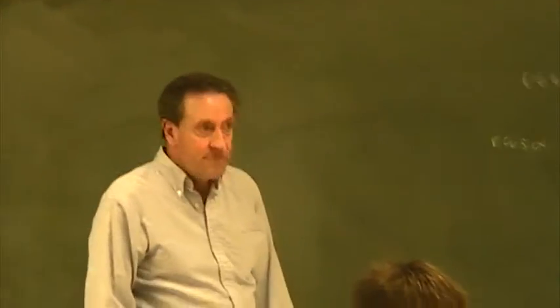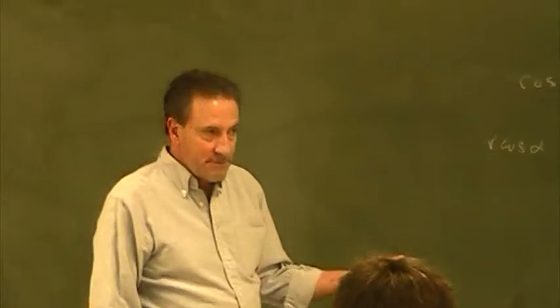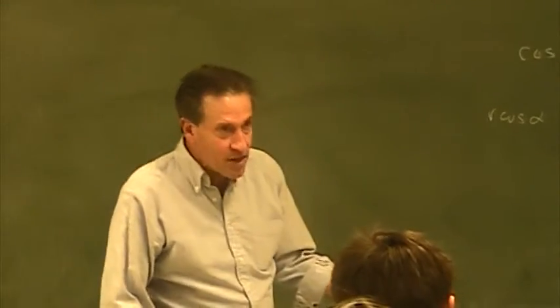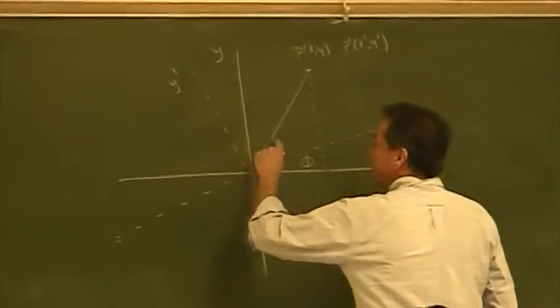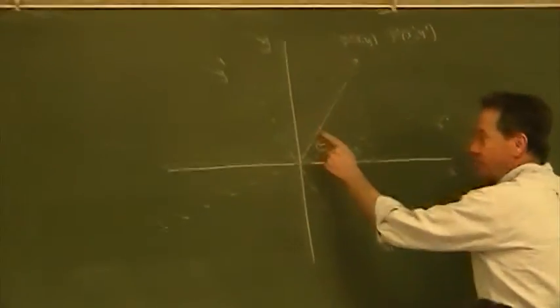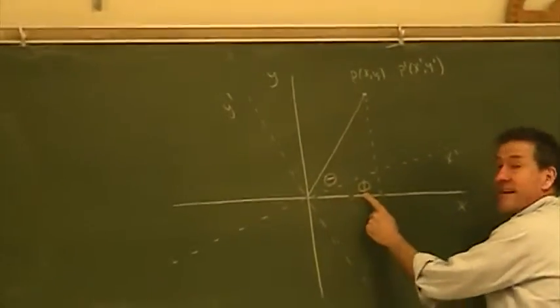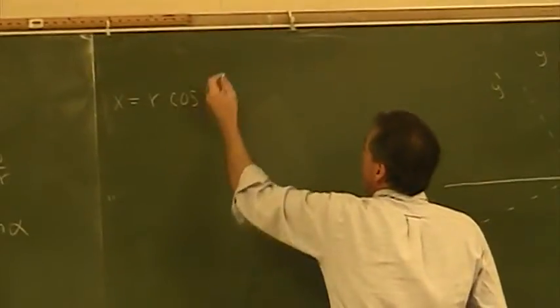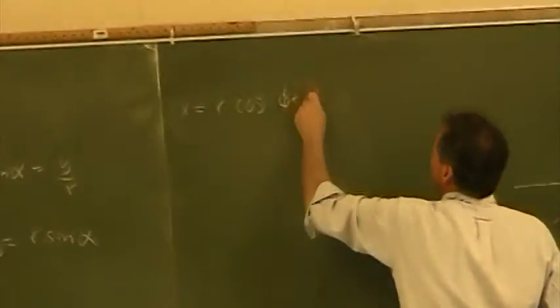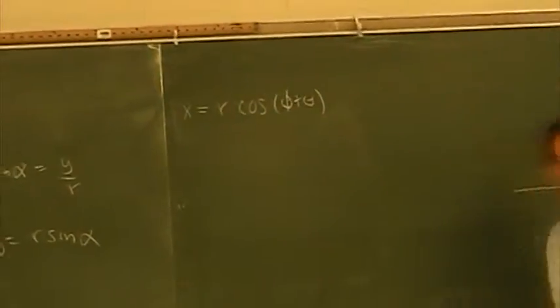Definition of sine and cosine. What is the central angle here? This central angle, what is it? Theta plus phi? Or phi plus theta out here?